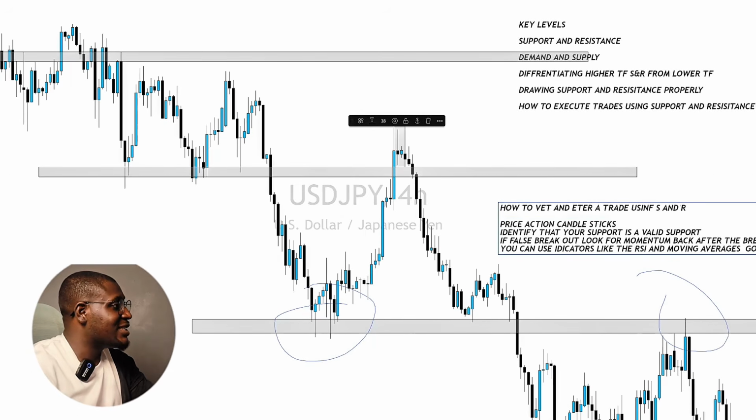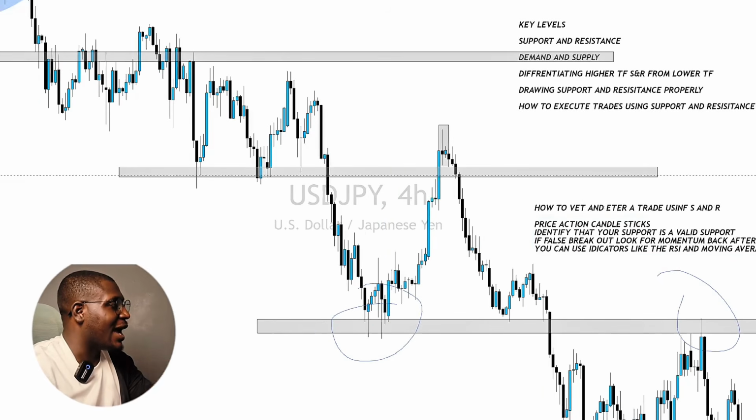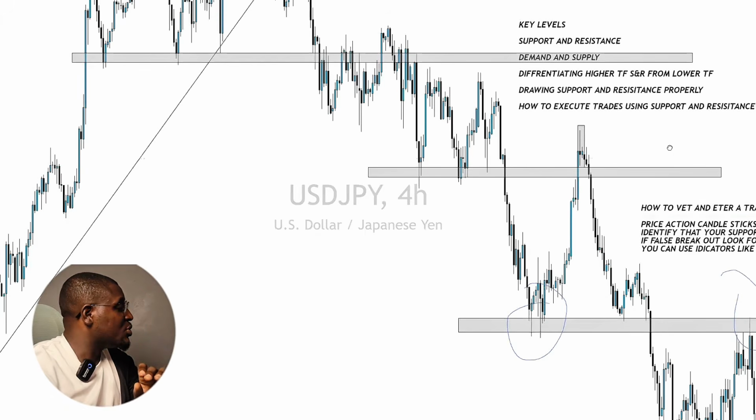Okay, guys, so this is one of the easiest ways I think I can explain it to you, especially for the newbies. So yes, what you heard about support and resistance is true and works perfectly fine, but you need to vet exactly what you are using and know how to use it.